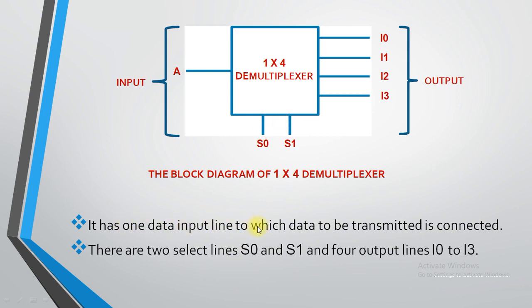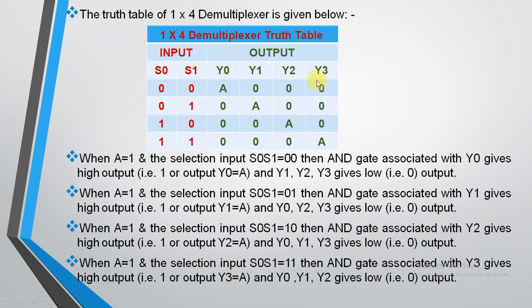It has one data input line which is used to transmit data. There are 2 selection lines, S0 and S1, and 4 output lines, I0 to I3. So this is the block diagram of the 1 by 4 demultiplexer.